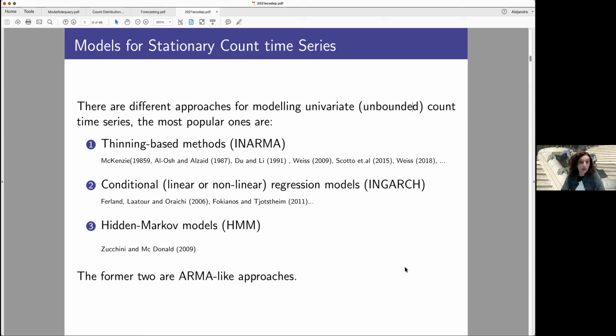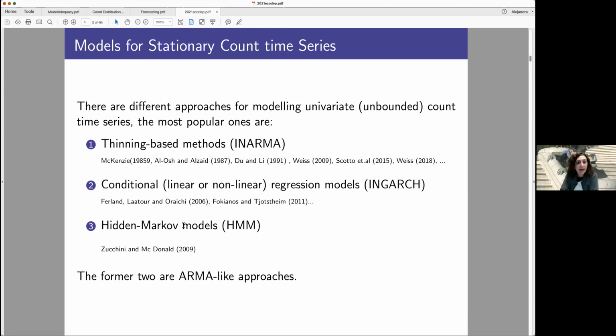And as I said before, there are essentially three methods of dealing with this. The one that has been used the most in the past are the hidden Markov models. That's treating the count time series as a stochastic process evolving in time, and the different states of the process are the different values of the possible counts.